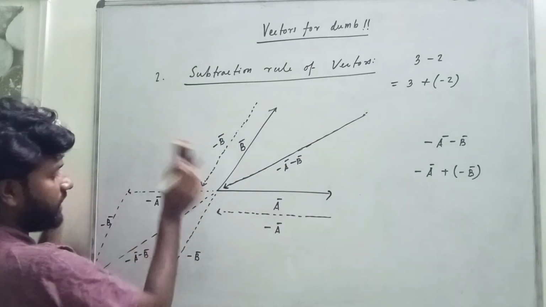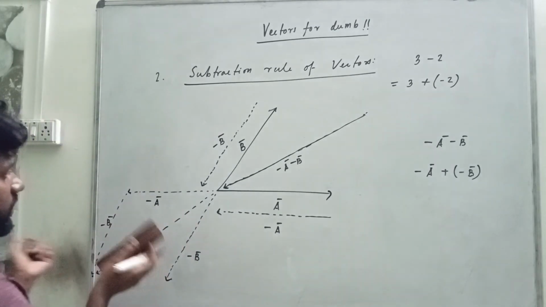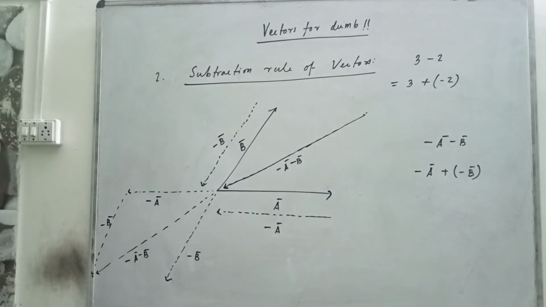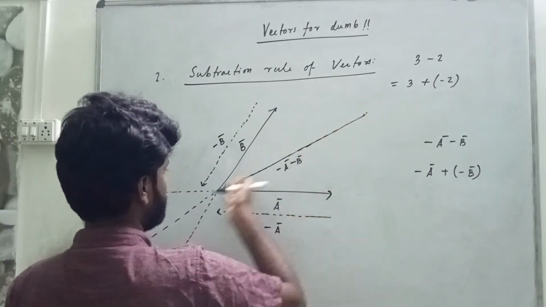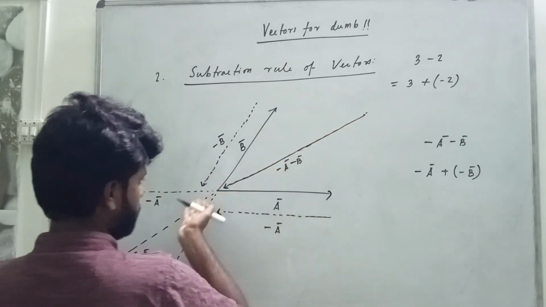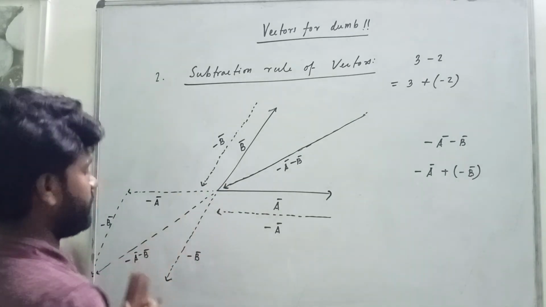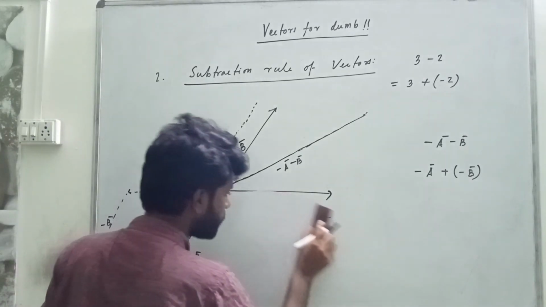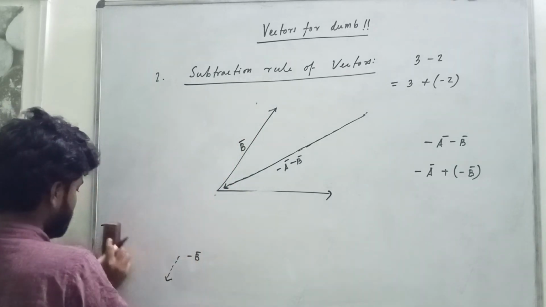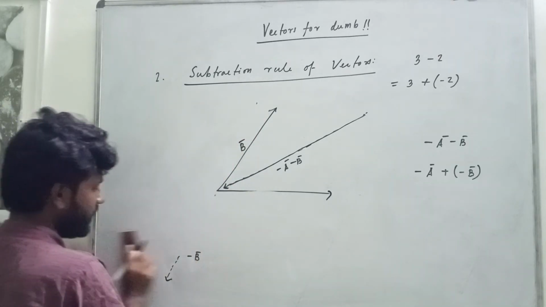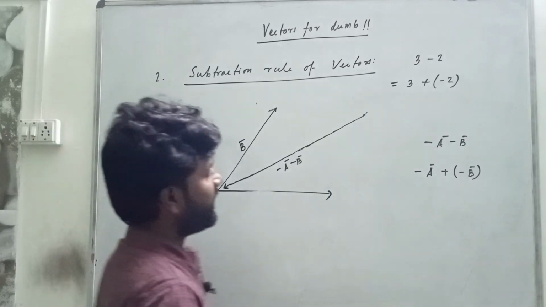Okay, so I erase all of this drawing here. Minus a minus b means from here to there, and just put an arrow here. Okay, and here is a very interesting result, right?